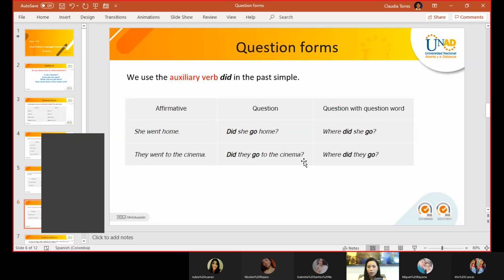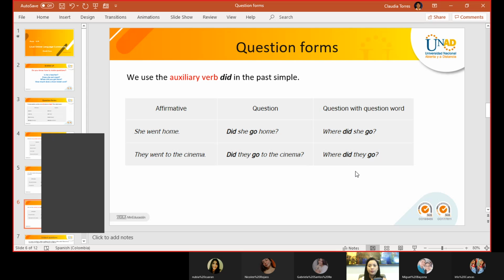And as usual, if you want, you can add a question word like where. So where did they go? So the answer should be completely different to this one. So did they go to the cinema? Yes, they did. Or no, they didn't, right?